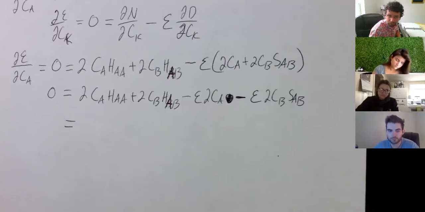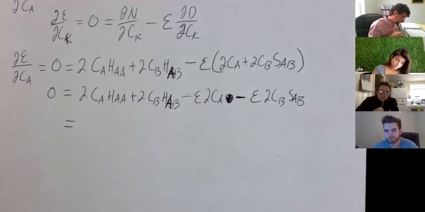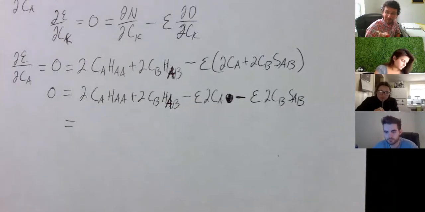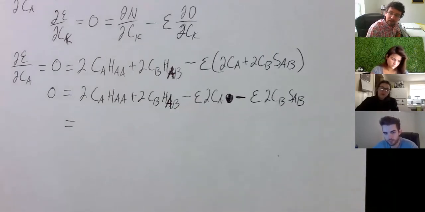Just move, I guess, whatever side you'd like to the other side. I'd probably move the negative terms over. You could do that, but we're going to leave them this way because it's simpler to solve that way. Okay. So you want to group the CA terms together? We want to group the CA terms together, but can we get rid of anything else before we do that?